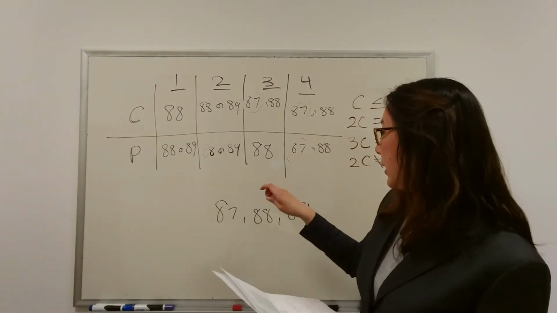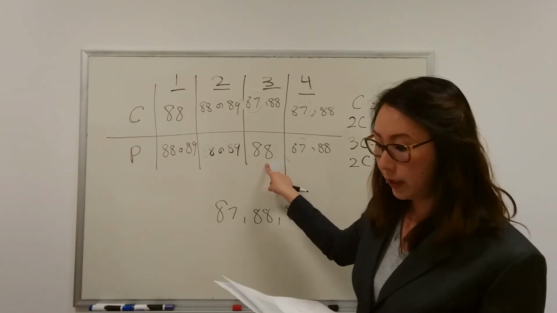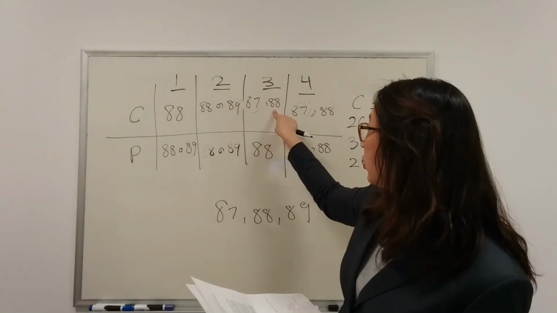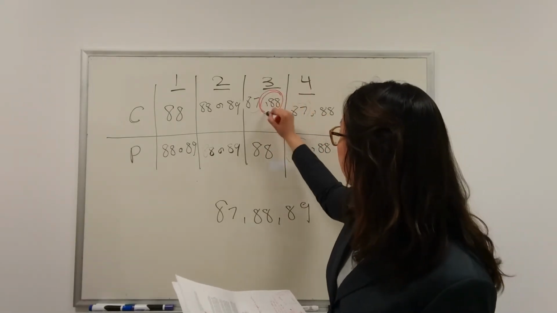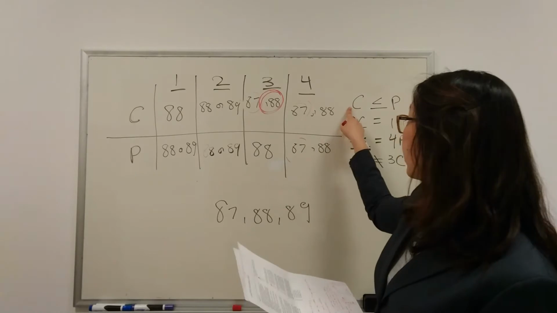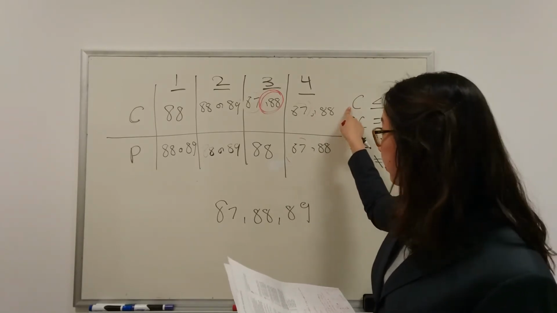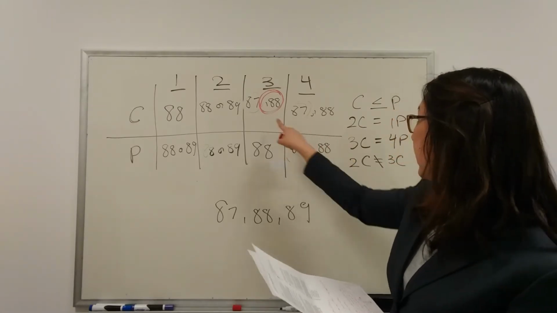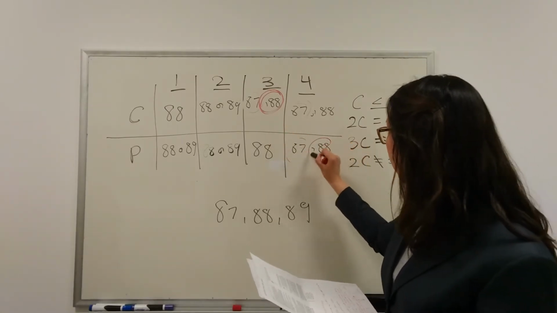Now attacking the question, 3P is definitely 88, which means that if we do not want an 87, we can do 88. This computer can have been purchased in 88 and still comply with the rules. If 3C is 88, that means that 4P must also be 88.